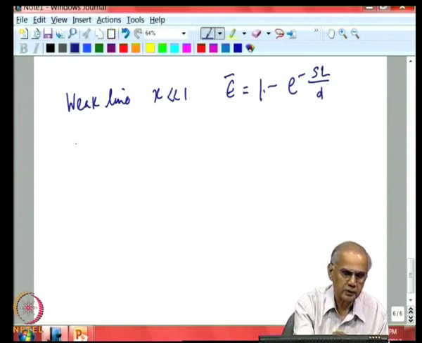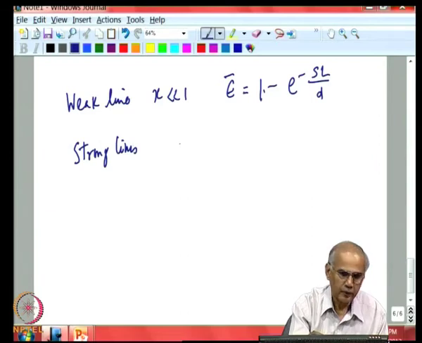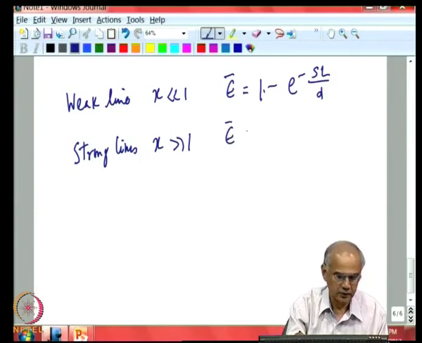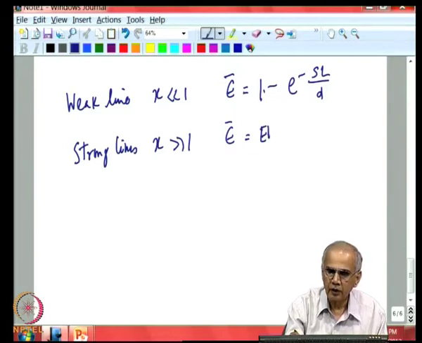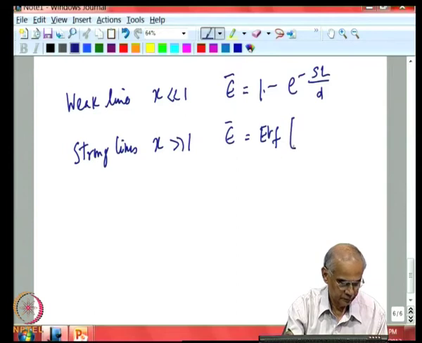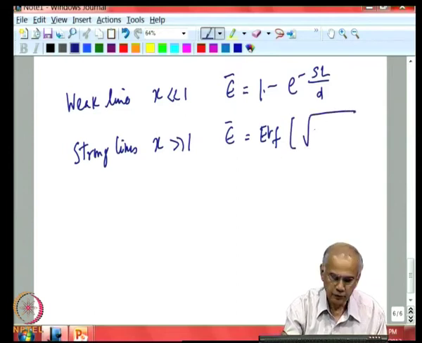In the case of strong lines, that is when x is much greater than 1, essentially similar to the optically thick limit we had discussed earlier, this will be simplified to the error function of the square root of line spacing into something.